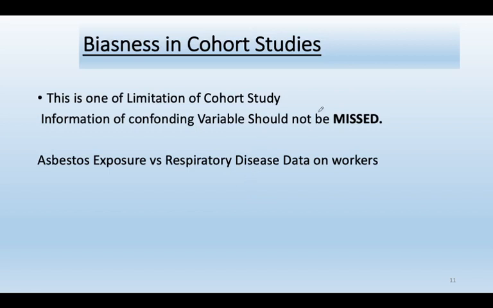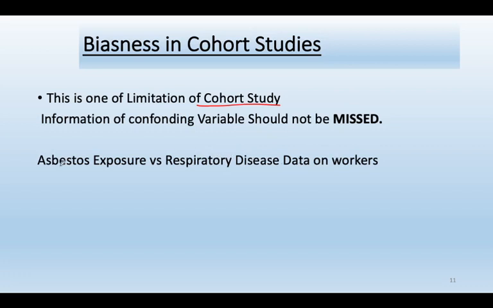So bias in a cohort is a limitation for a cohort study. In order to avoid that, we need to account for all those confounding factors, confounding variables. Now, let's say we are working on asbestos exposure versus respiratory disease data on workers.